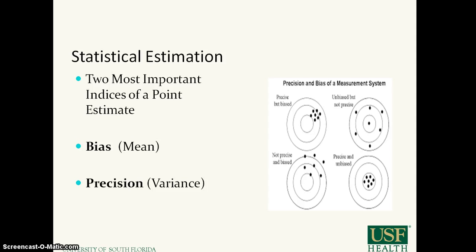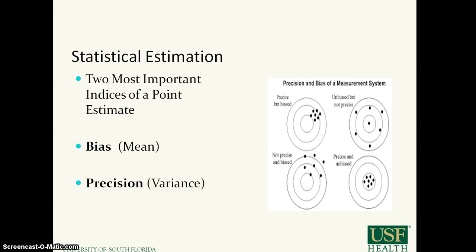On this slide you can see the graph about precision and bias of a measurement system. If you think of your statistical estimate as a measurement system, then you have these four scenarios. You have precise but biased: it's off the target, but the points are very close to one another. You have unbiased but not precise: overall, the average is close to the true value, the center, but the points are all over the place, very scattered.